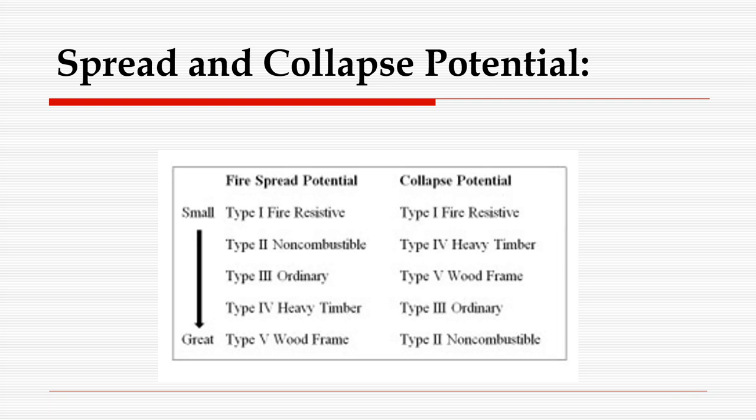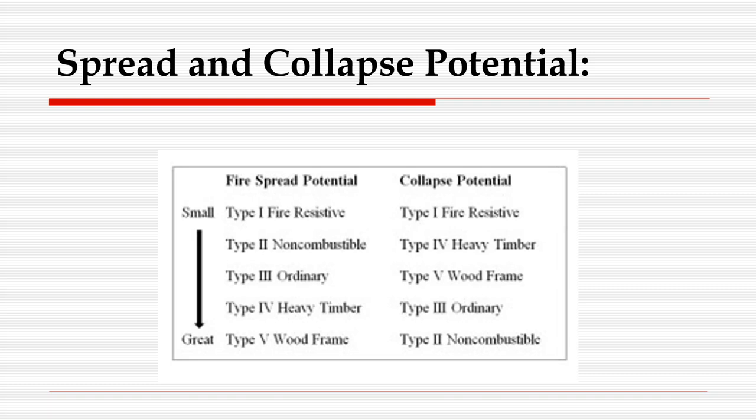On the other side, your collapse potential, this is all over the place. It doesn't go in any type of numerical order, but typically your collapse potential is less likely to occur in type 1, and greater to occur in your type 2 construction. And in between that you have heavy timber, wood frame, ordinary.